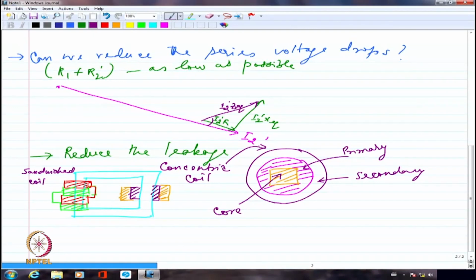It can be in square shape, it can be in circular shape, it depends upon how the laminations you have designed. Right? If I have all the laminations of the same shape and same size, then it is going to be square.